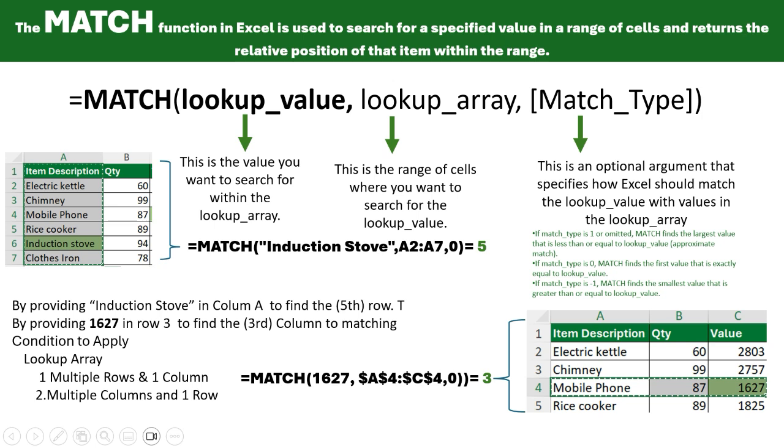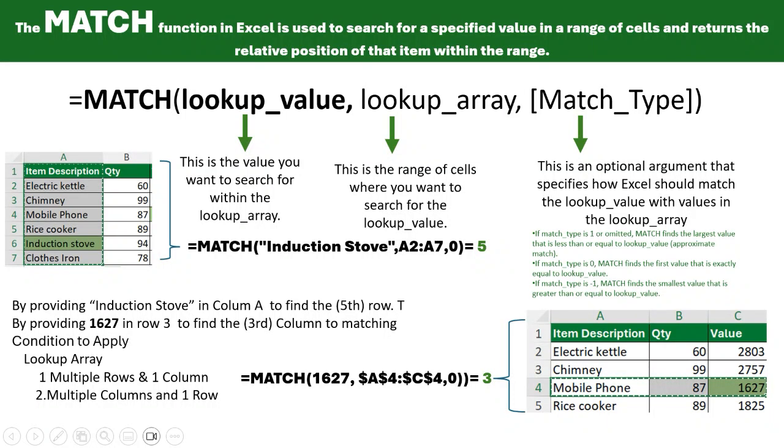See, here we have some example of data: item description and quantity. Here we have used the MATCH function. Our lookup value is induction stove.